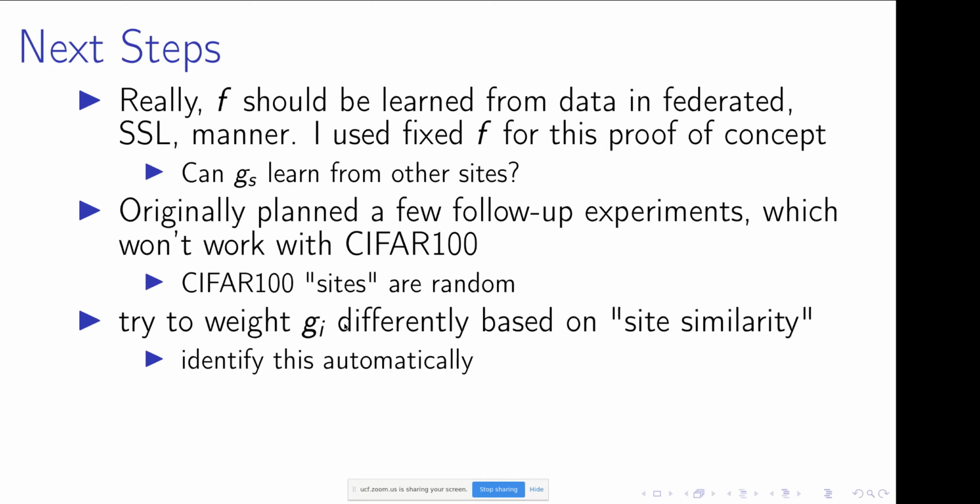The exact way they do that is they share a feature embedding, and then each individual site trains a discriminator to tell whether or not a sample came from the target site. And then the encoder at that site tries to fool the discriminator. That teaches the encoder to use a feature space which is, I guess, more amenable to use at the target site.